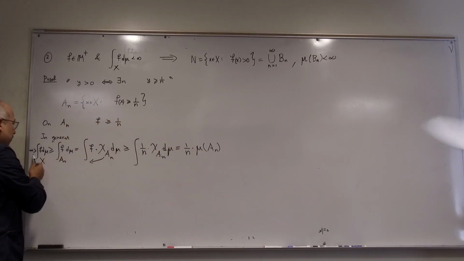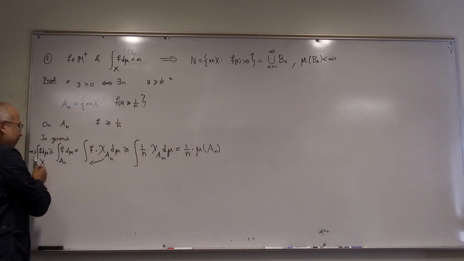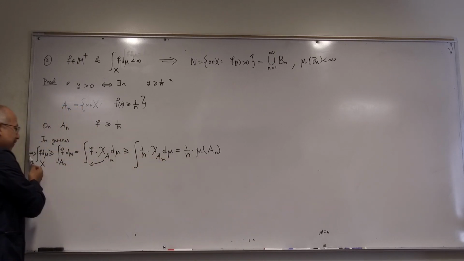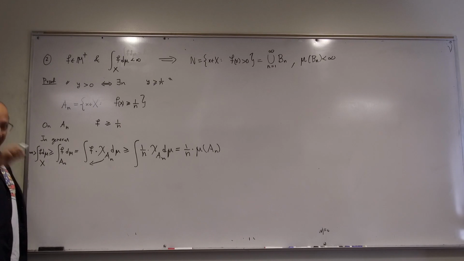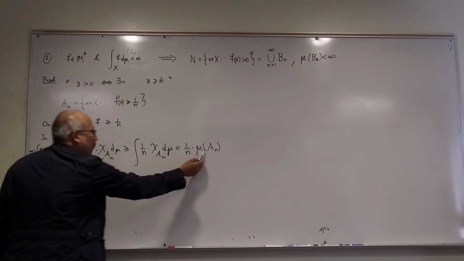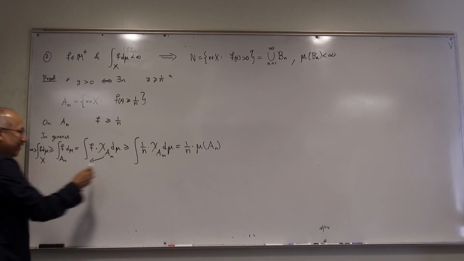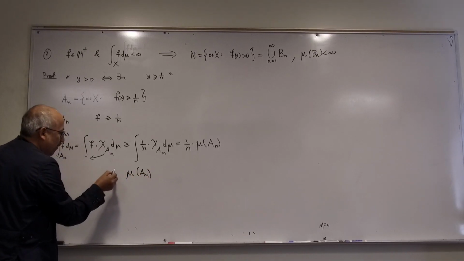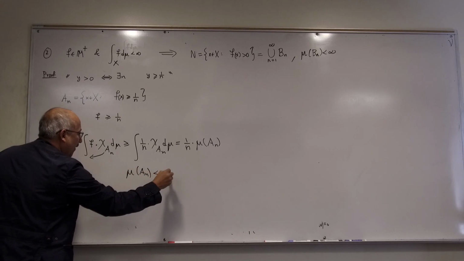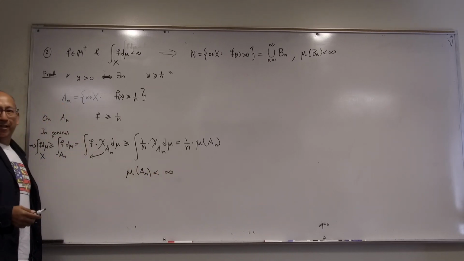Conclusion. What is the conclusion? This quantity is finite, right? So therefore, mu of An is finite. So I found the set.